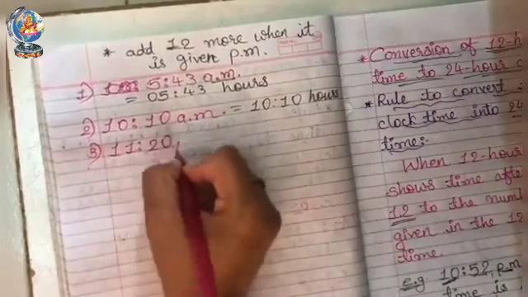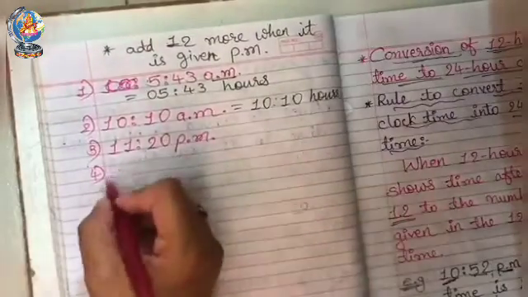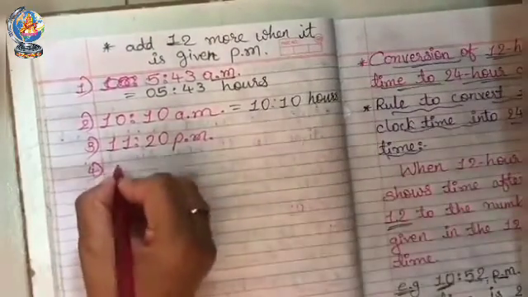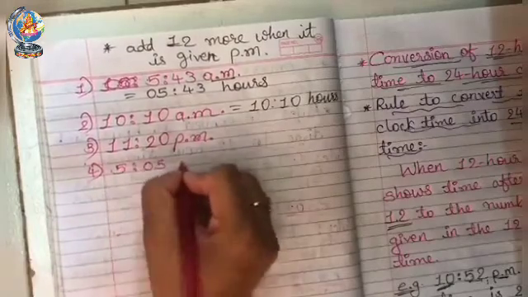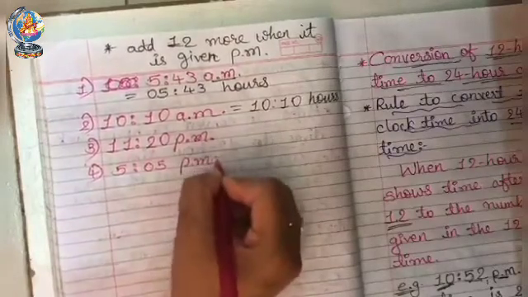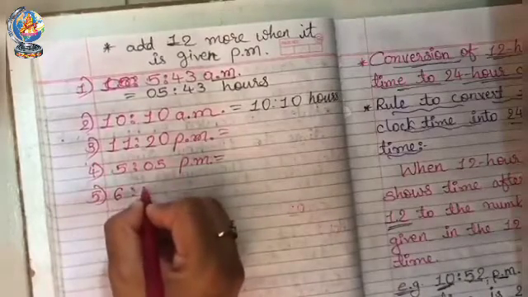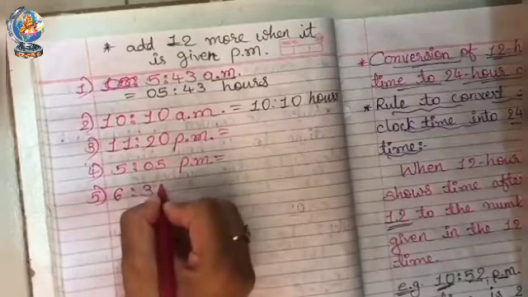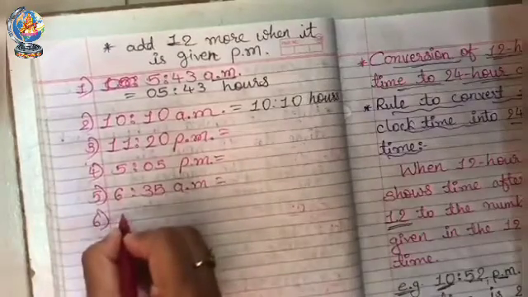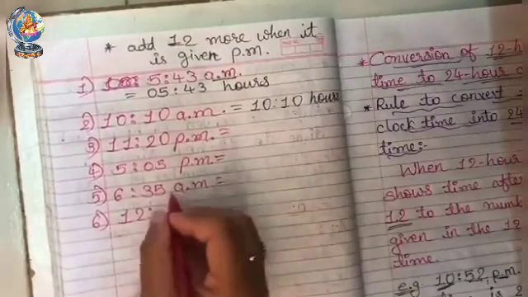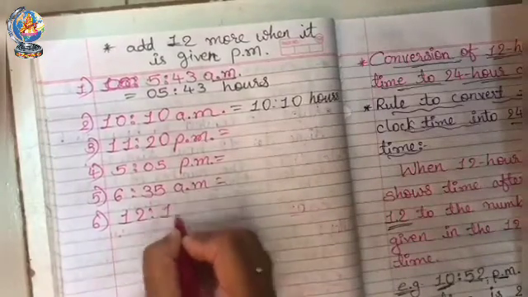11:20 PM. Let me write a few questions here so it will be easy for us to do. 5 PM. 6:35 AM. 12:15 PM.